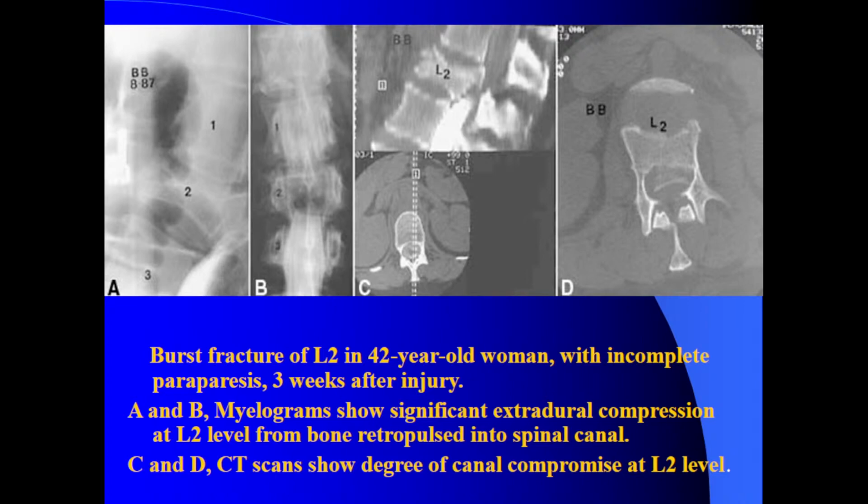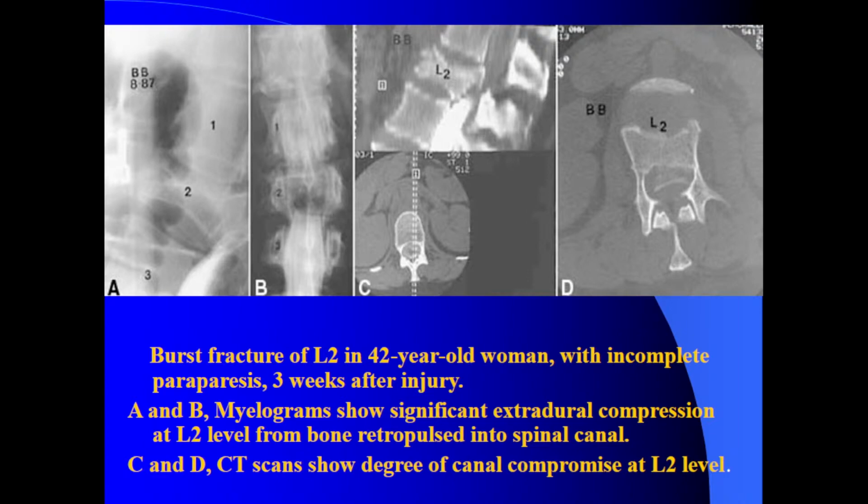So the first example is a burst fracture of L2 in a 42 years old woman with incomplete paraparesis 3 weeks after the trauma. On myelograms, if you forget, it is a method when we inject contrast solution into the subdural cavity, into the cerebrospinal fluid, and as a result the cerebrospinal fluid becomes visible.